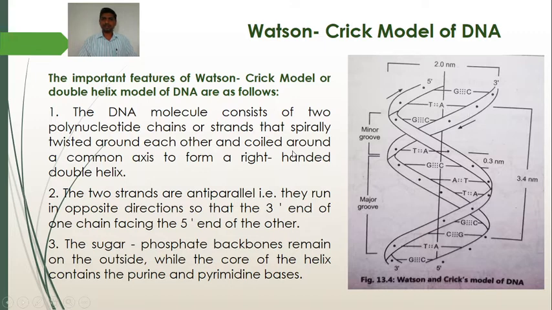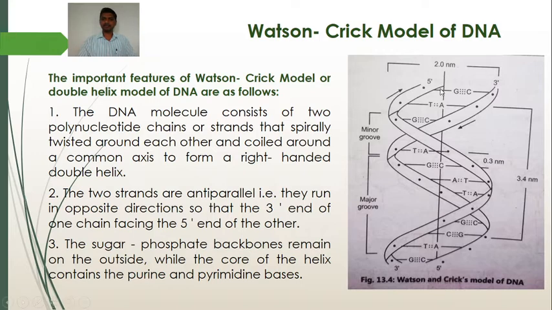So here one by one we are going to study the important features of Watson-Crick model of the DNA or double helix model of the DNA. The DNA molecule consists of two polynucleotide chains or strands that are spirally twisted around each other and coiled around a common axis to form a right-handed double helix.